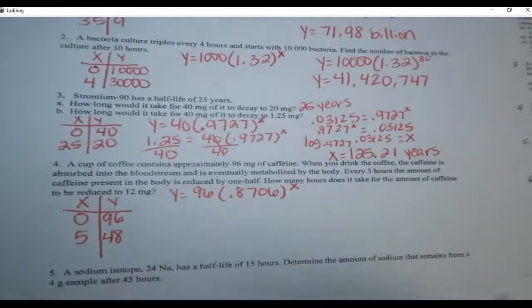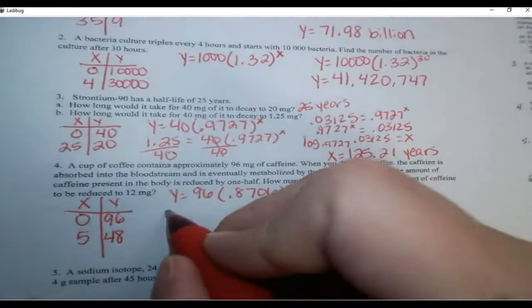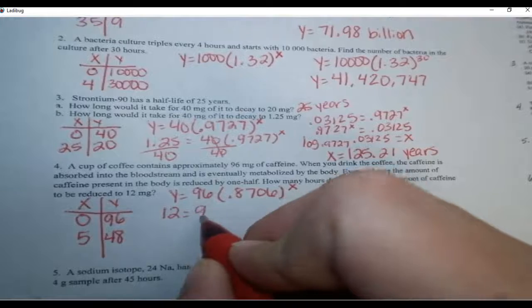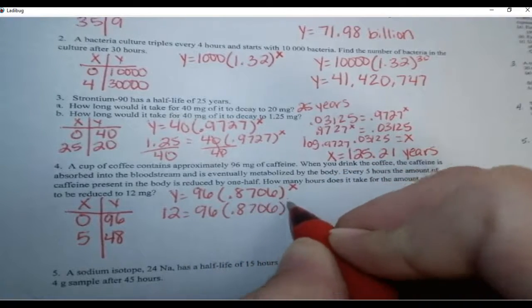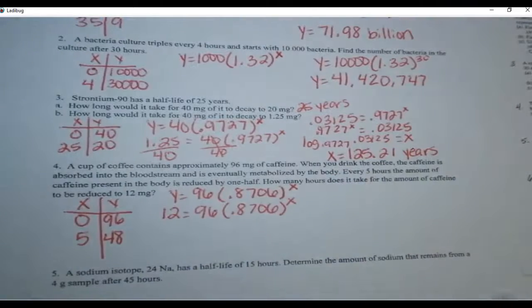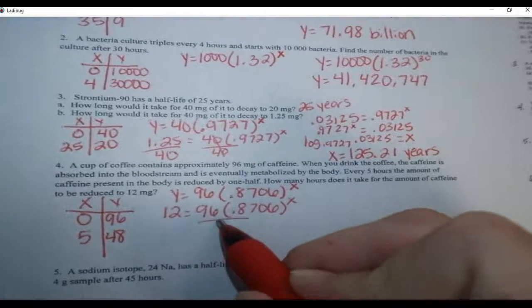So now we want to know how many hours does it take for the caffeine to be reduced to 12. So again, we're looking for X. So 12 is our Y. So then again, our first step is divide.